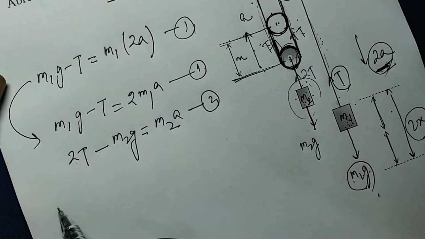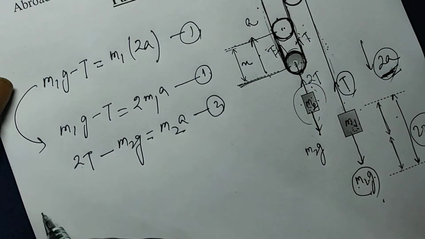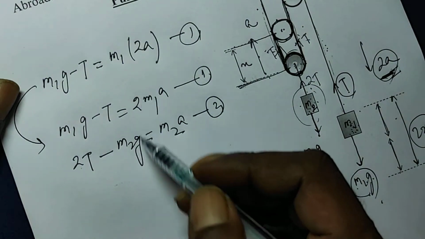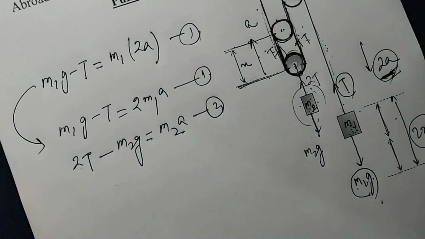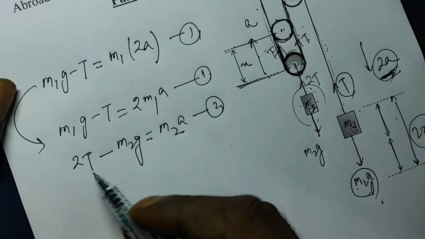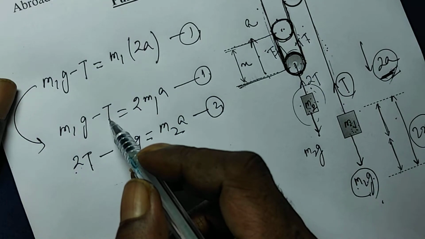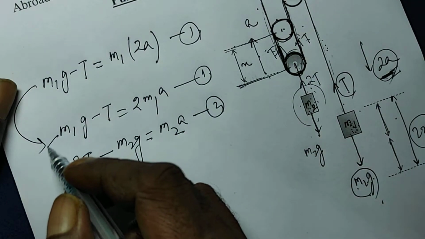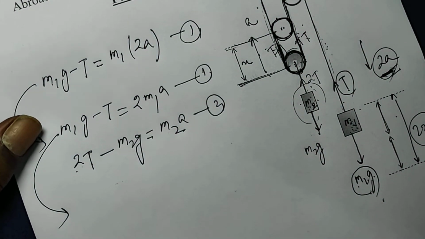Now here, as we did before, when we were adding the two equations, T was getting cancelled and we were getting the expression for acceleration. Here if you add, the T will not cancel because here it is 2T, it is T here. So what do I do? I multiply this equation with 2.